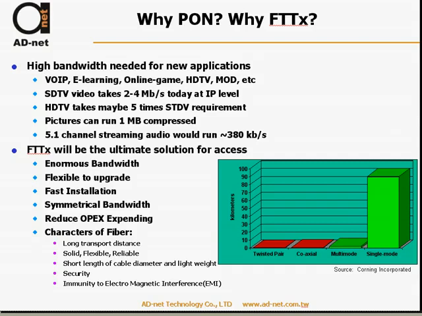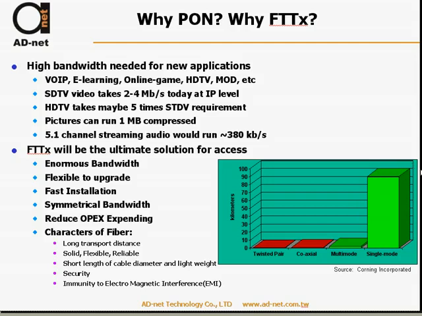For example, SDTV takes 2 to 5 megabit just at IP level, the streaming audio will run at 380 kilobits per second, and pictures can run at 1 megabit compressed. So everything is consuming bandwidth, and you should be prepared for services that will consume more and more bandwidth. So FTTx will be the ultimate solution for access.